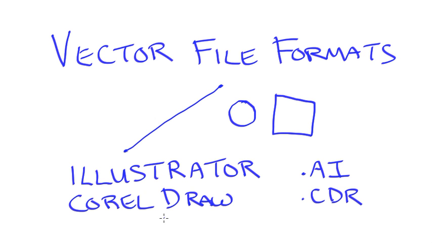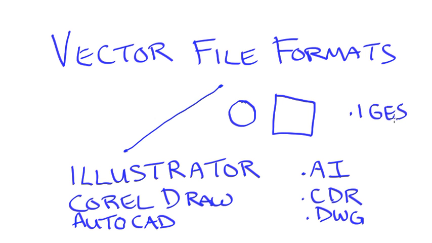Other programs can actually create 3D representations of objects. Autodesk's popular program, AutoCAD, can create vector images, so you might see a DWG. Another one is IGES. So there are a variety of different file formats depending on the programs.